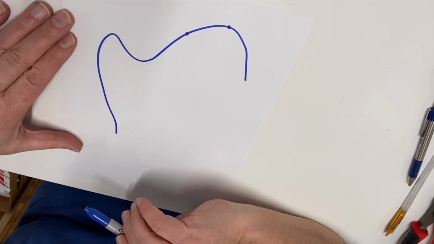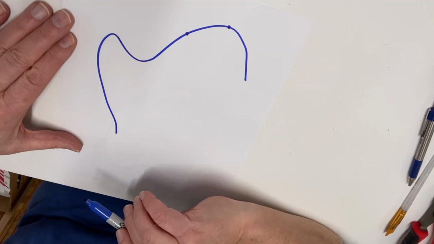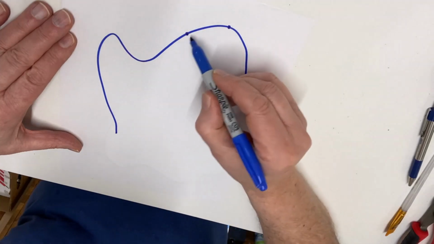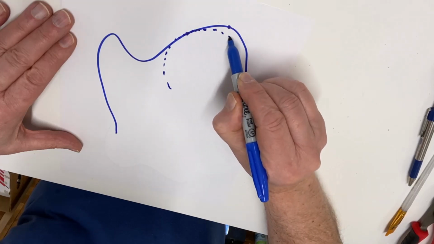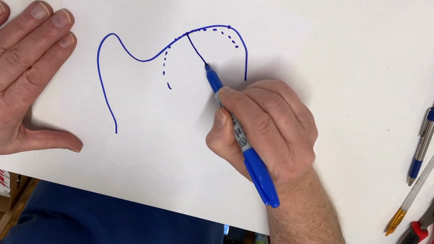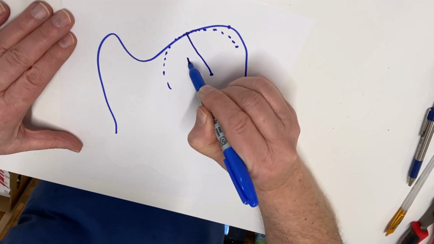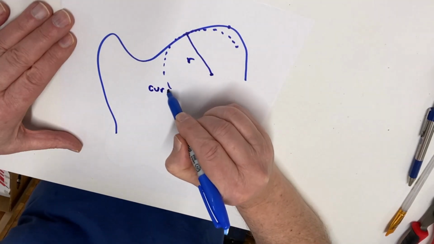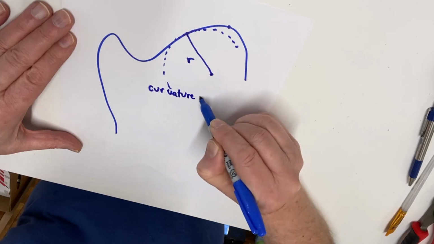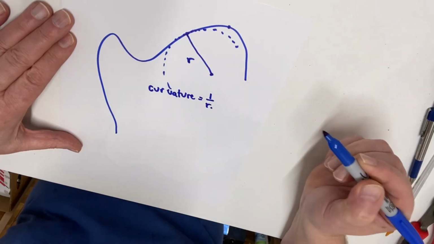And then there's a rigorous mathematical way to define what curvature is. If you look at this point, you could draw a circle that fits that, and talk about the radius of that circle, and then the curvature is 1 over that radius.